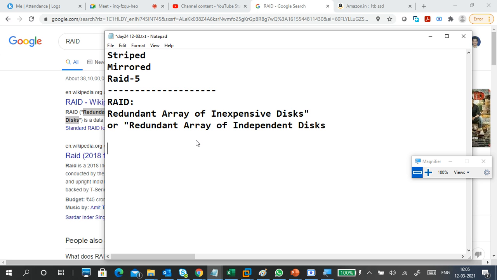Here, generally there are RAID levels, but before going to RAID levels, I want to tell you two types of RAID are there. One is hardware RAID, and another one is software RAID. Hardware RAID means there is a hardware part called a RAID controller, and whenever you connect a disk to the RAID controller, we can configure the RAID levels using the RAID controller options.